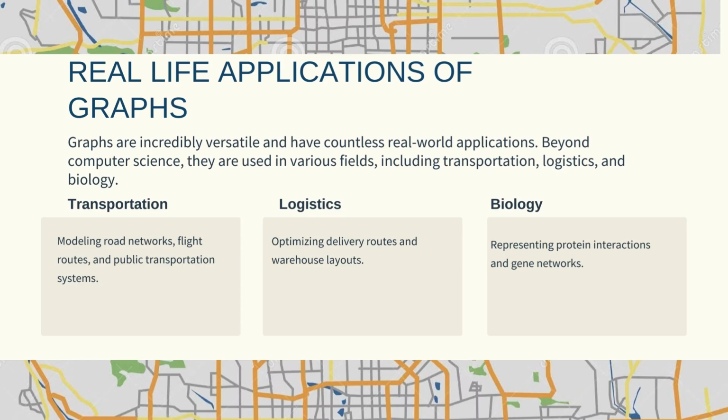Logistics. Graphs are instrumental in logistics for modeling and solving various optimization problems like optimizing delivery routes and warehouse layouts. Biology. Graphs are extensively used in biology, such as representing protein interactions and gene networks.